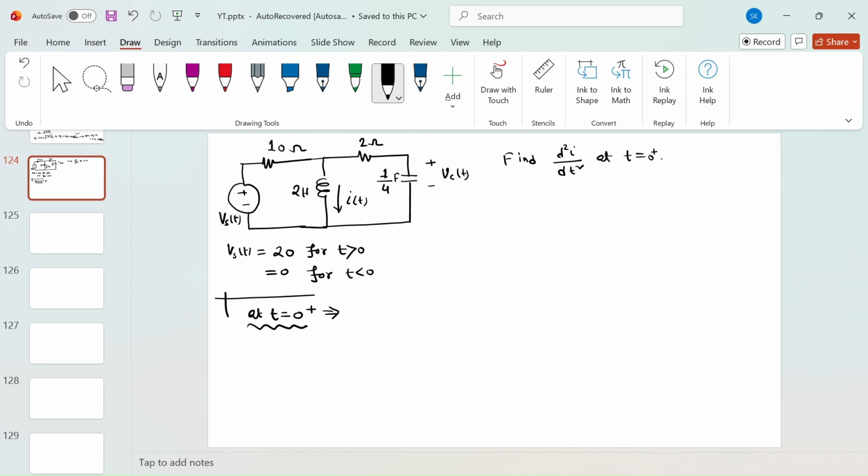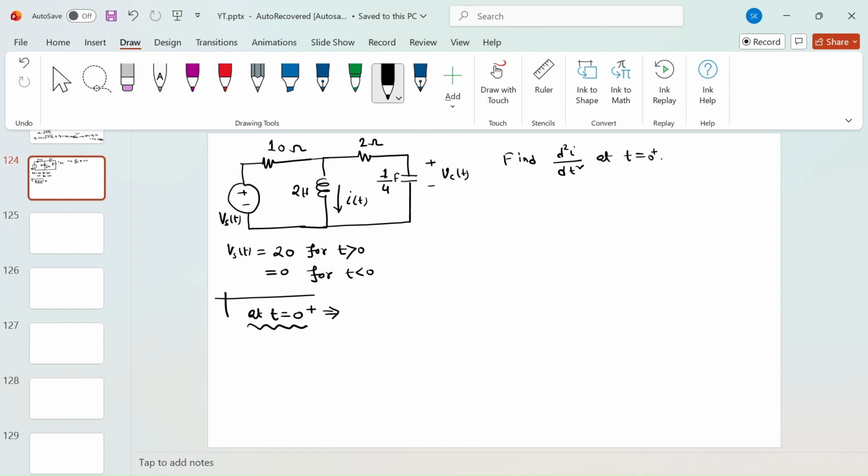Inductor doesn't allow the sudden change of current, making the current continuous, and the same way the capacitor will not allow the sudden change of voltage across it. For inductor, the inductor current cannot be discontinuous, and for capacitor, the capacitor voltage cannot be discontinuous. So that we will see now.